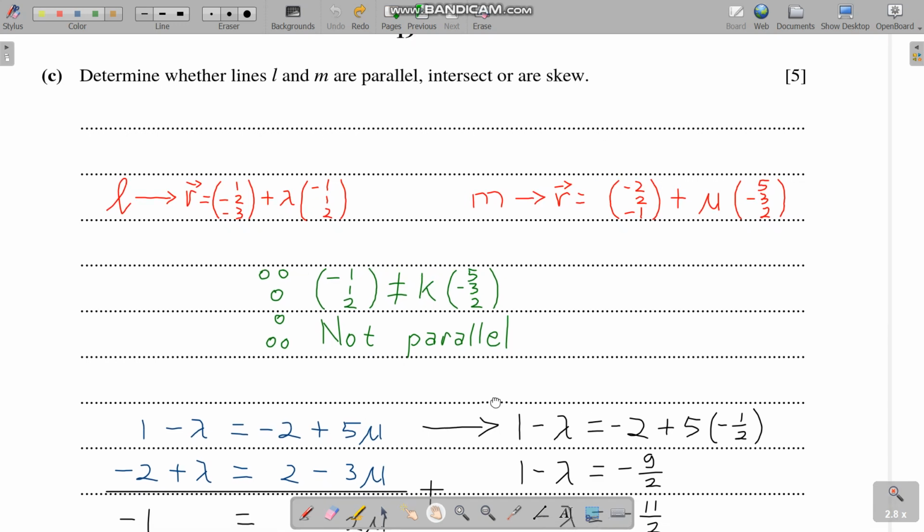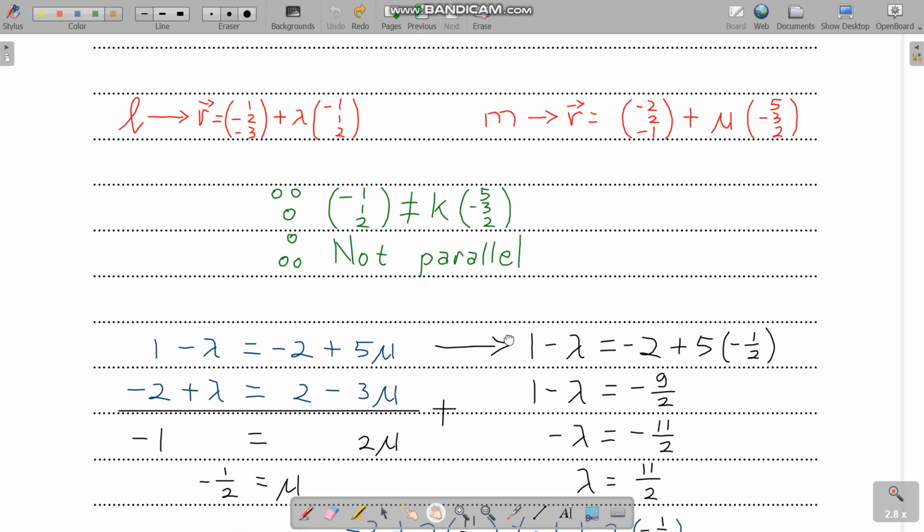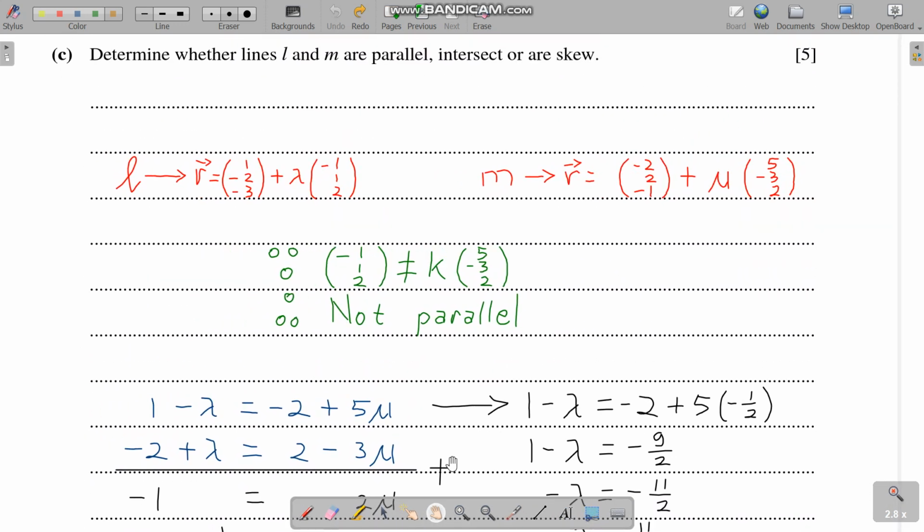Now to find out whether the lines intersect or not, we solve the equations in two variables, the parameters lambda and mu. Looking at the x component: 1 minus lambda equals minus 2 plus 5 mu. That's the first equation. Intersect means they must have the same x coordinates at the point of intersection.